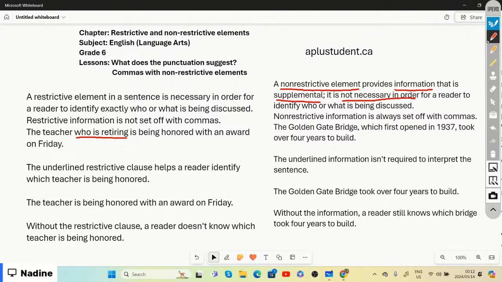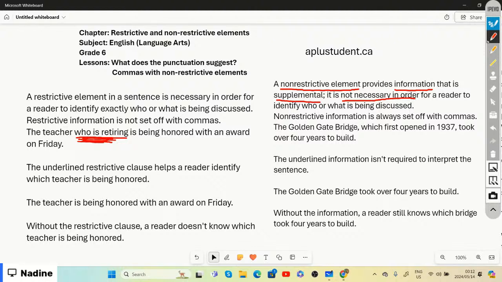If they didn't specifically mention who is retiring, and only put the teacher is being honored with an award, then we would have wondered which teacher is being honored, because they are not being specific as to which teacher.